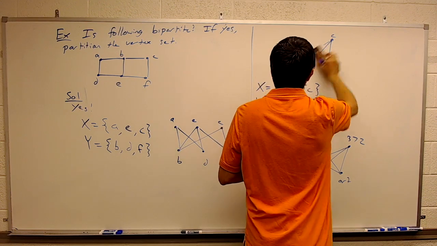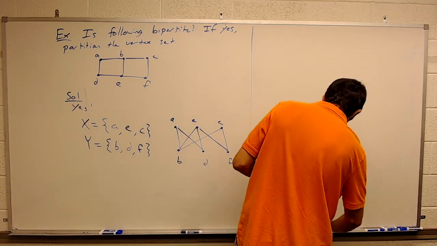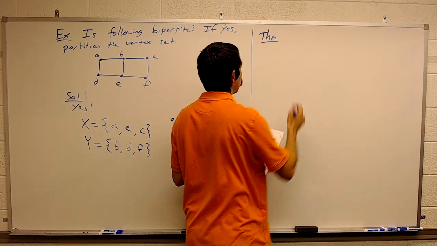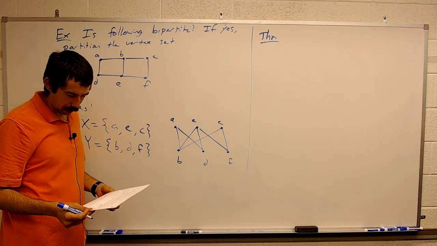And it turns out there's a very easy way to check if something is a bipartite graph. So this theorem tells us how to check if we have a bipartite graph.